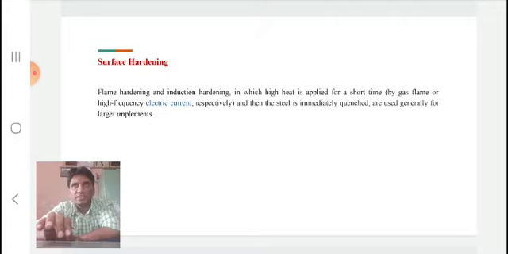In both cases, the surface is heated above some critical temperature and rapidly cooled. It is essential that the parent material has sufficient carbon or alloys to produce the required hardening by quenching. Heating either takes place by a gas flame or by electric induction heating caused by eddy currents generated in the surface layer.